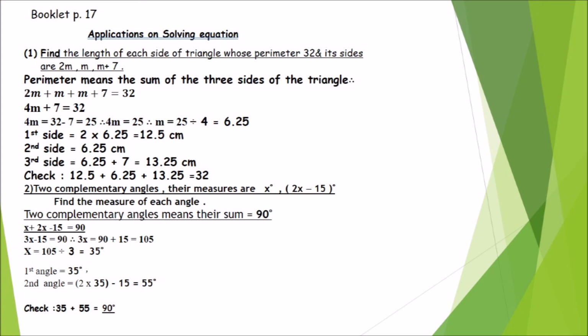Second question, two complementary angles. Their measures are x degrees and 2x minus 15 degrees. Find the measure of each angle. How can I solve this? First, I must remember that complementary angles means their sum is 90 degrees. So if I add x plus 2x minus 15, it will be 90. So simplify, x plus 2x will be 3x, minus 15 equals 90.